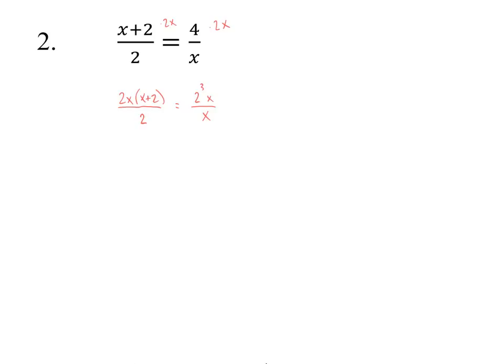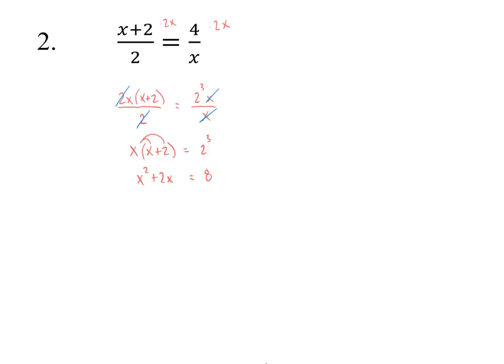All right, now we realize that we can do a little bit of canceling. 2 divided by 2 equals 1, and x divided by x equals 1. So now we just have x times x plus 2 equals 2 cubed. x times x is x squared, and x times 2 is 2x, and over here we have an 8.